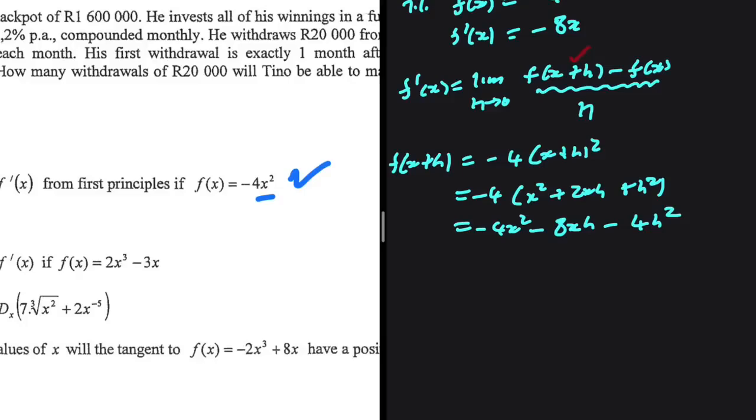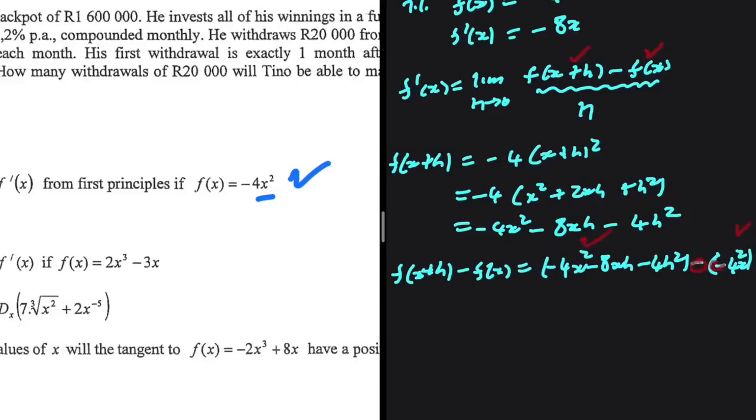If we include also minus f of x, we can say that f of x plus h minus f of x is equals to minus 4x squared minus 8xh minus 4h squared minus f of x, which is minus 4x squared. So as you can see, minus 4x squared minus 4x squared, that is 0.